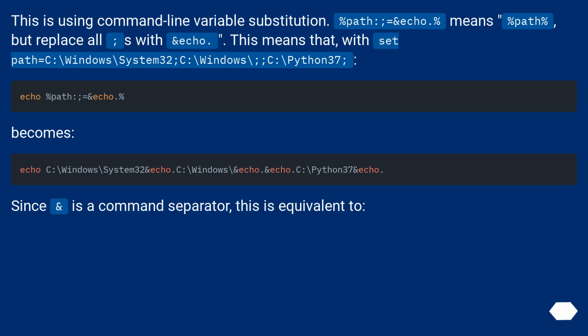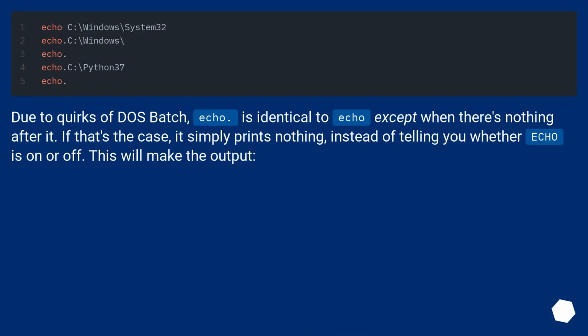Since & is a command separator, this is equivalent to the following. Due to quirks of DOS batch, echo. is identical to echo except when there's nothing after it. If that's the case, it simply prints nothing, instead of telling you whether echo is on or off.